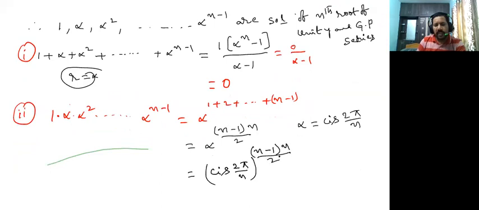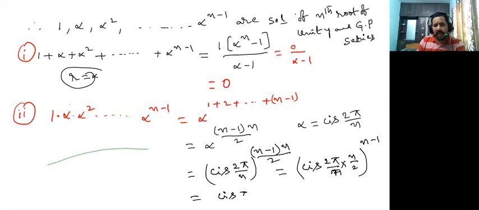Here we apply De Moivre's theorem. Cis of 2 pi by n into n by 2, whole power n minus 1. N minus 1 I am keeping the same. So this is pi by n, 2 pi by n. N cancels, 2 cancels. Finally, what is remaining?